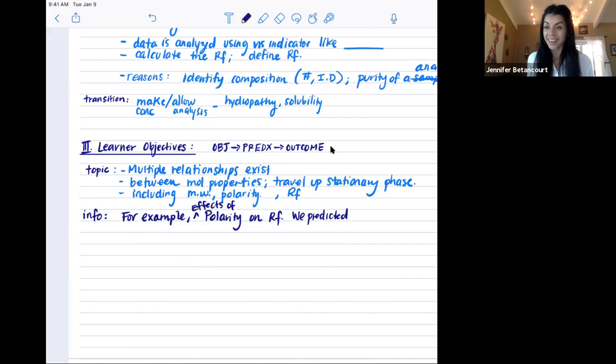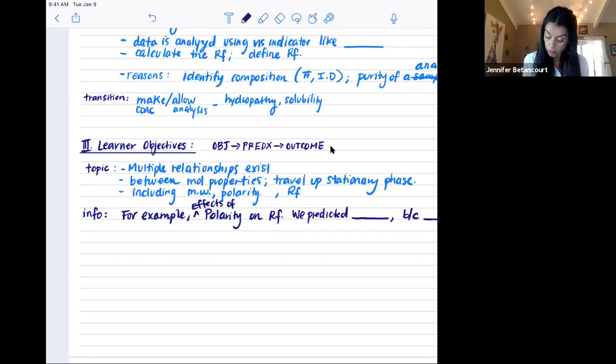whatever you predicted, right? And we went over this last week. It should be something along the lines of molecules that are more polar will have blah, blah, blah, because whatever rationale you have, and then you'll have some kind of reference.